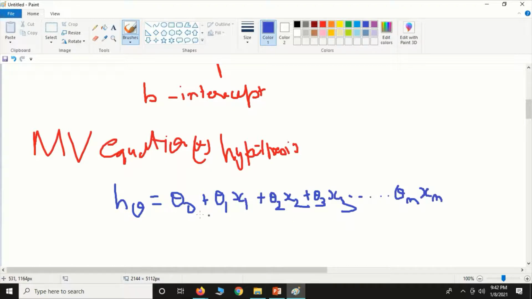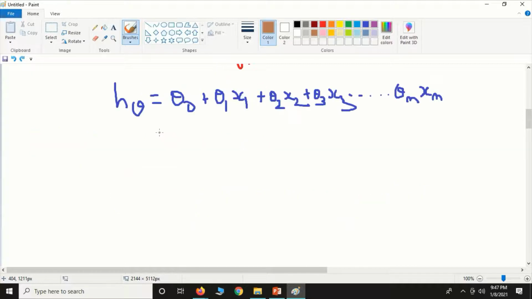This is the equation, the hypothesis, for a multiple variable problem. N is the length of the features, the count of the features. It can be 100, 200, 300 depending on the problem.